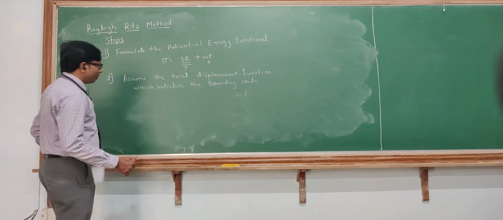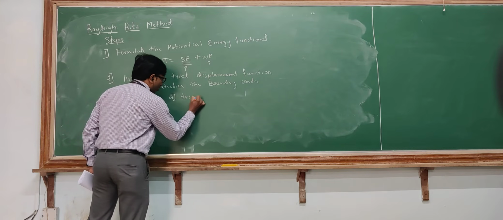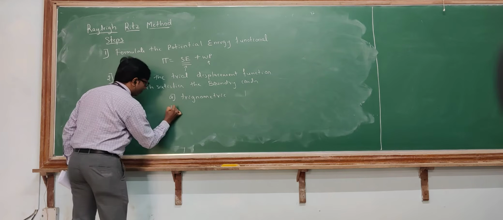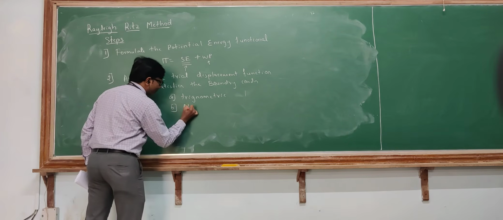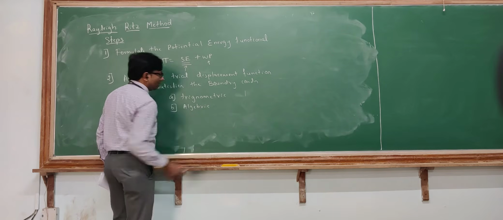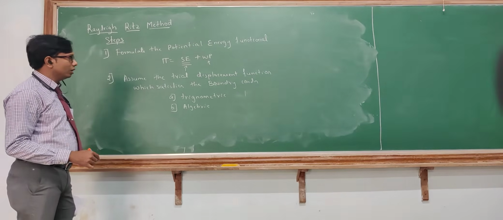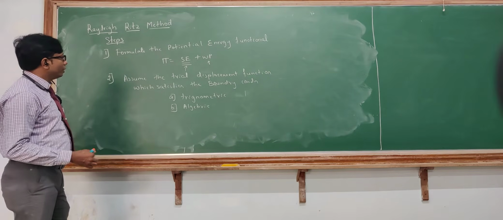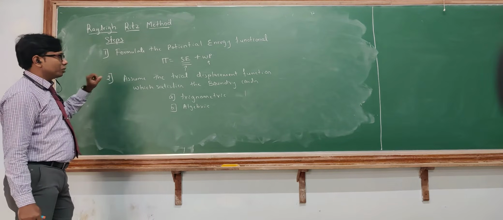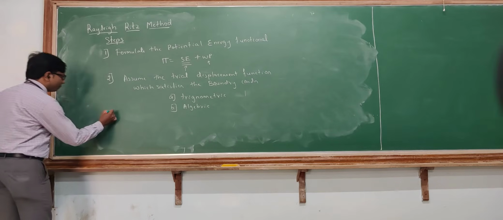In assuming a trial function, we have two types: one is trigonometric and one more is algebraic. These are the two types of displacement function we'll be assuming. I'll explain in detail in the problem how to take this displacement function which satisfies the boundary condition.